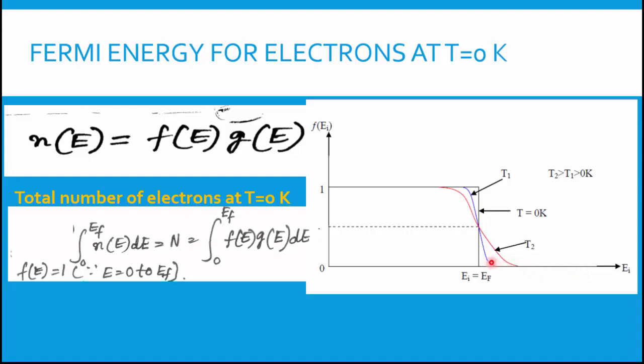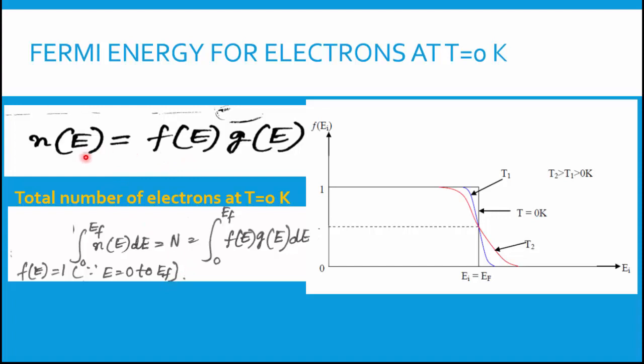That means no electrons will be present here, or in other words, the F(E) value in this part of the graph is 0. So if I add EF to infinity, that part of the integral will be 0 because the F(E) value is 0. That is written here.